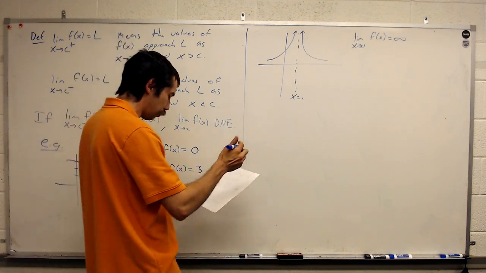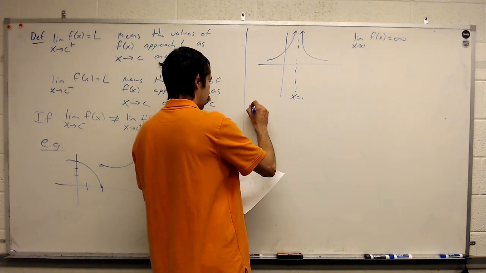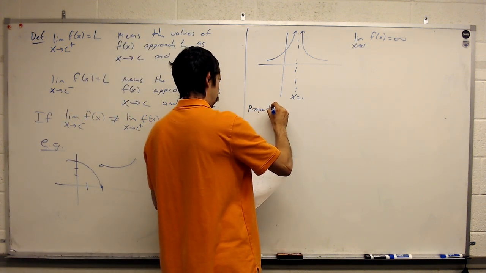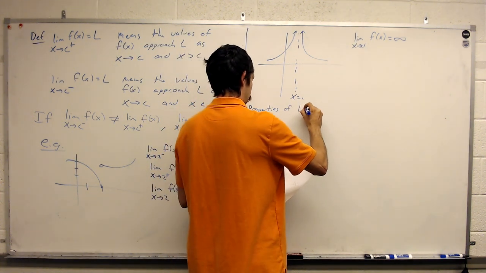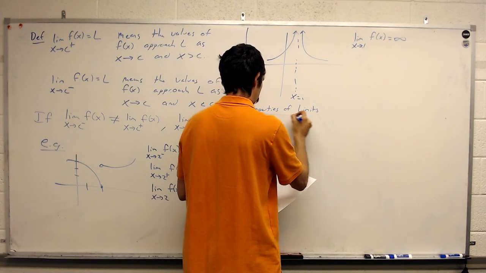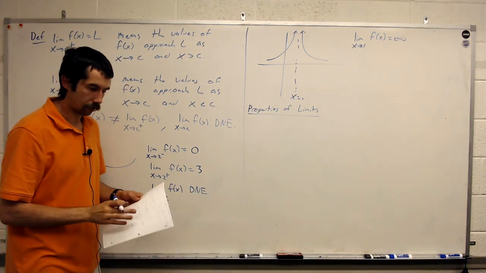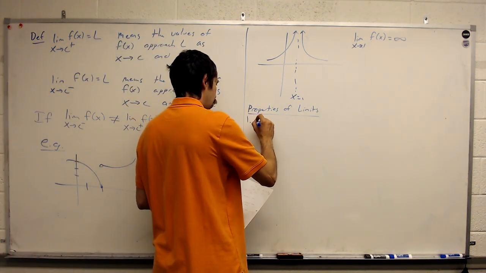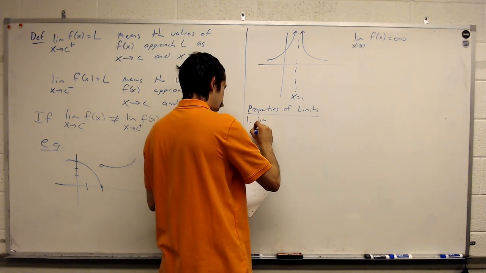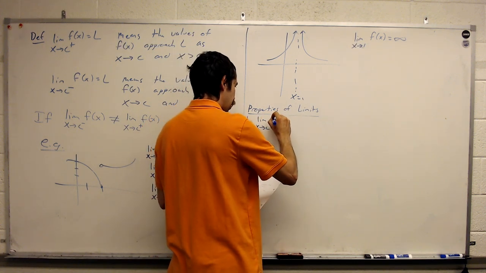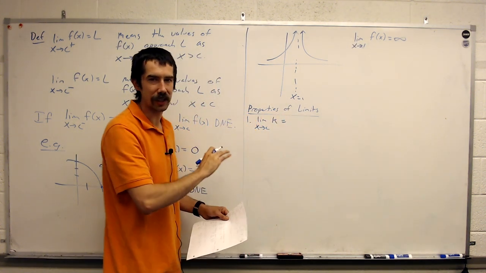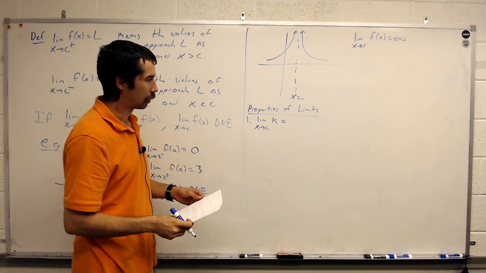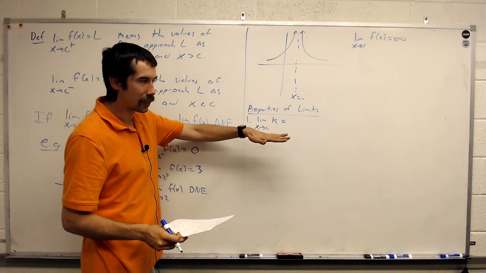Okay, so let me state some properties of limits. So the first is that the limit as x approaches c of some number k. So if our function is just the constant function, well, then our function is always at the value k.